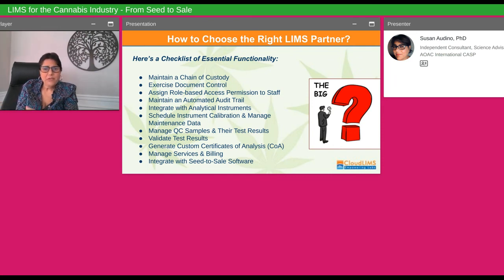Are they good results? Can we manage all of this together as independent workflows and then as the overall workflow? Not all LIMS can do this. Cloud LIMS can do this for you, but I encourage you to go out and ask this big question. How are you going to choose your partner?